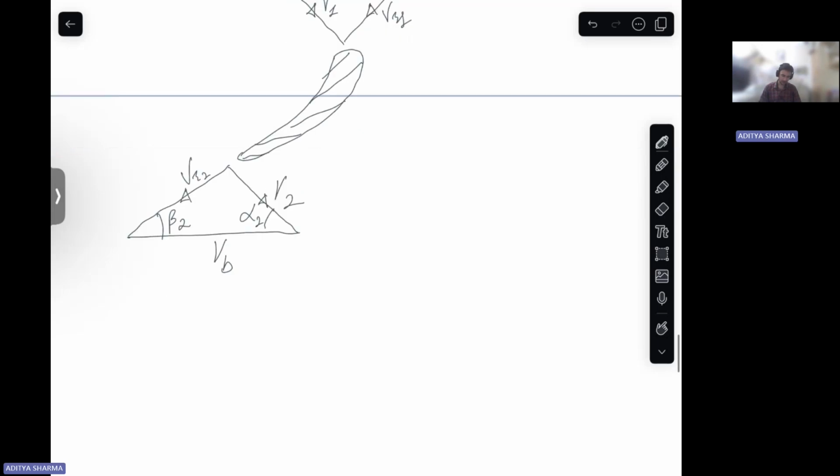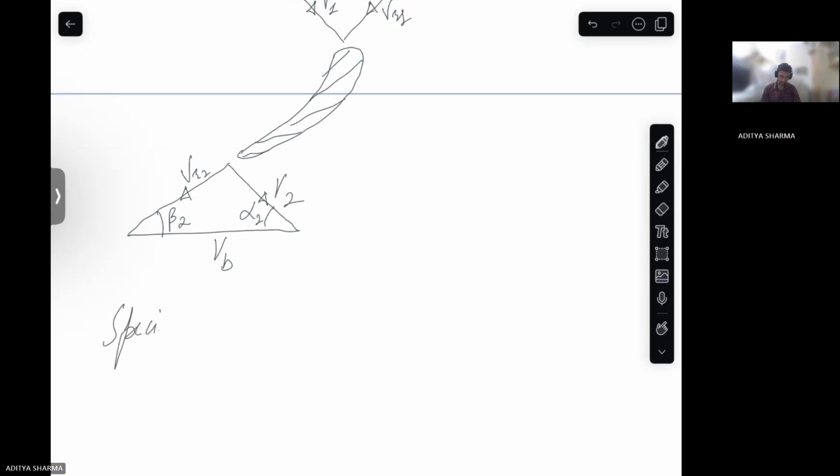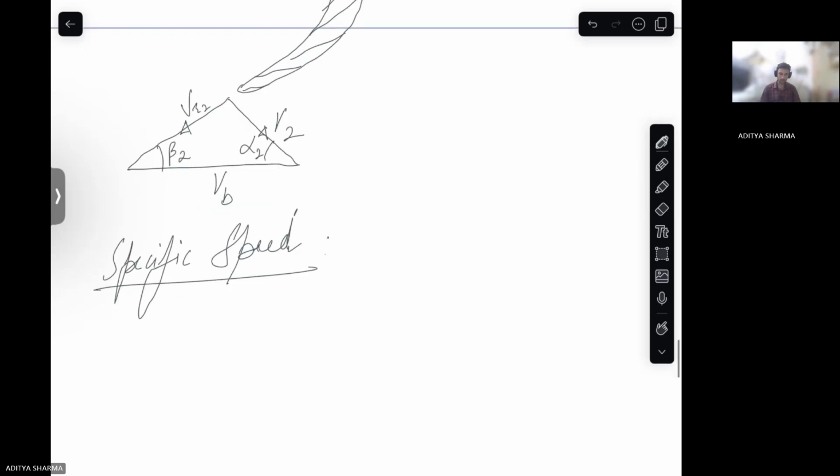Then what is your specific speed? Specific speed basically is your RPM, then the root of the power generated by the turbine, then your head raised to power 5 by 4.